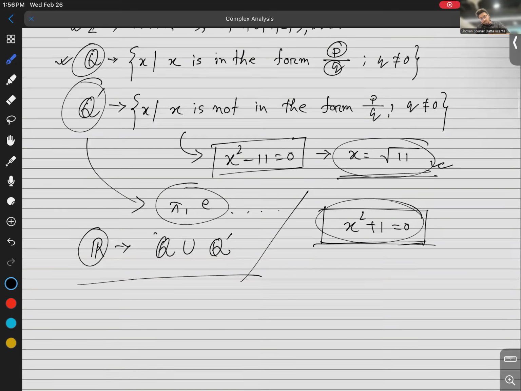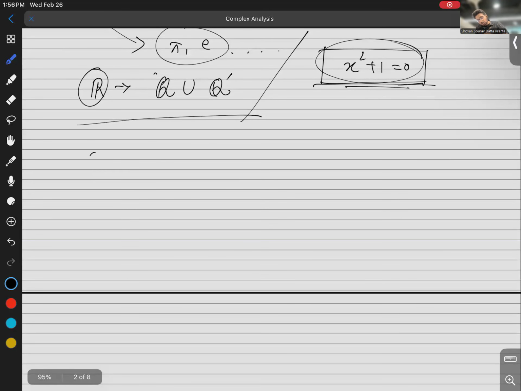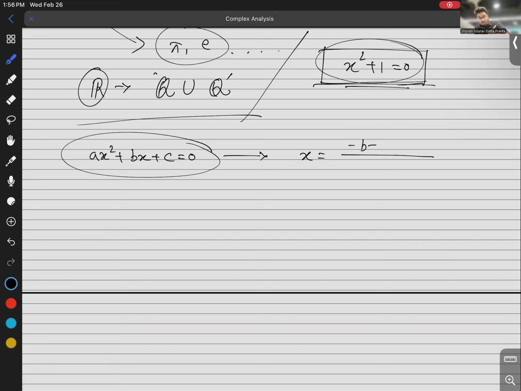And it was not the quadratic equation, because the general solution of a quadratic equation x squared plus bx plus c is equal to 0 was discovered many years ago: x is equal to minus b plus minus root over b squared minus 4ac, divided by twice a. If they got something weird like root over minus something, they just discarded the solution, saying that this problem is not solvable in the real world.